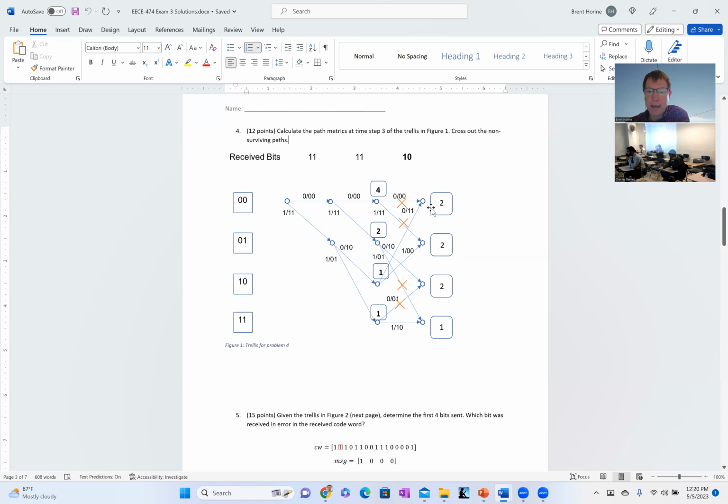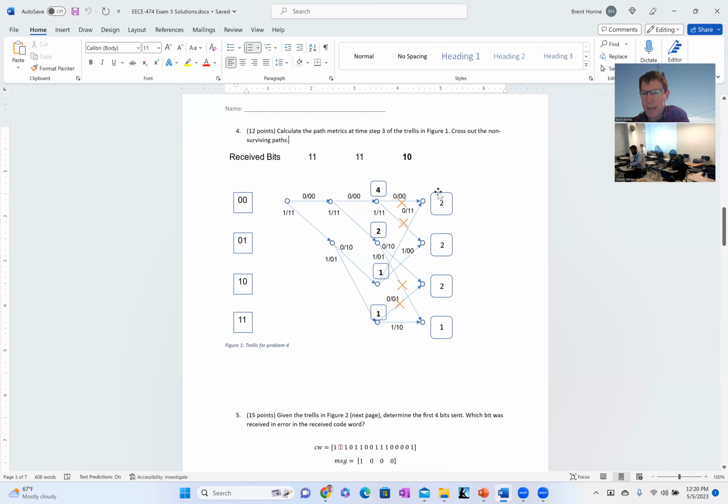So again, we calculate out the metrics, but now for this node here, we need to calculate the metric from this path, this transition, and also this transition.